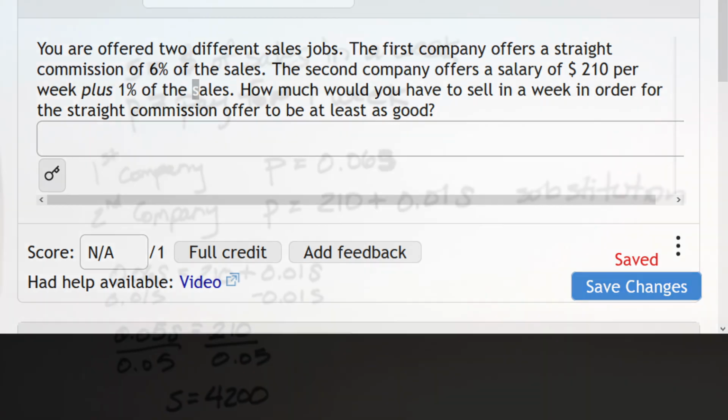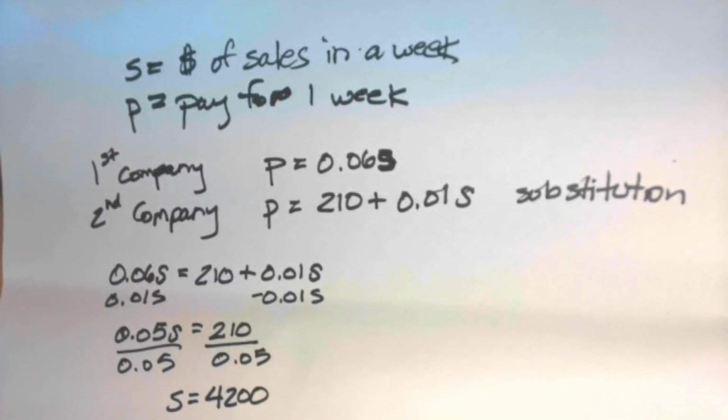We know that when I have sales of $4,200, then those two salaries will be exactly the same. If I sell more than $4,200, then I'm better off with the company that pays 6% in commission. If the sales are less than $4,200, then I know that I would have been better off with the second company that pays the $210 plus 1%.